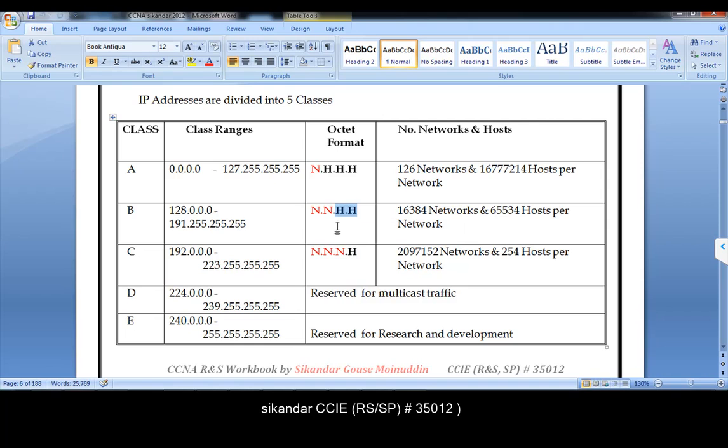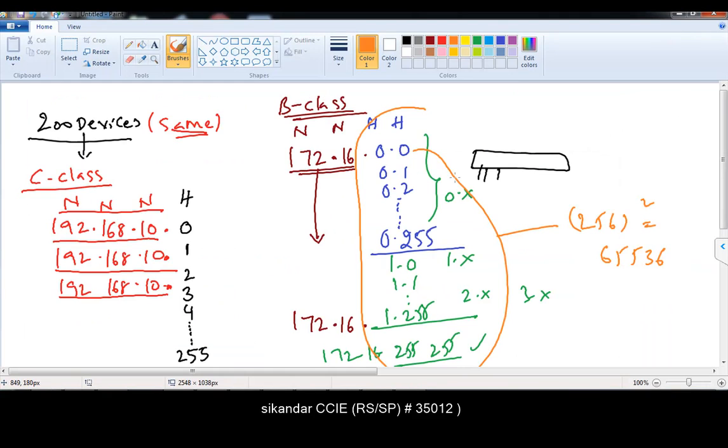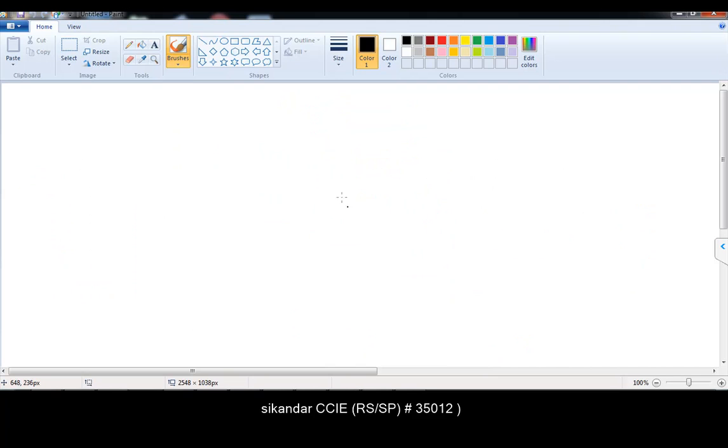In B class, there are 2 host portions, which means 16 host bits, 2 to the power of 16, around 65,536. Similarly, in A class, you get 16 million addresses in one network. It's a very big number.